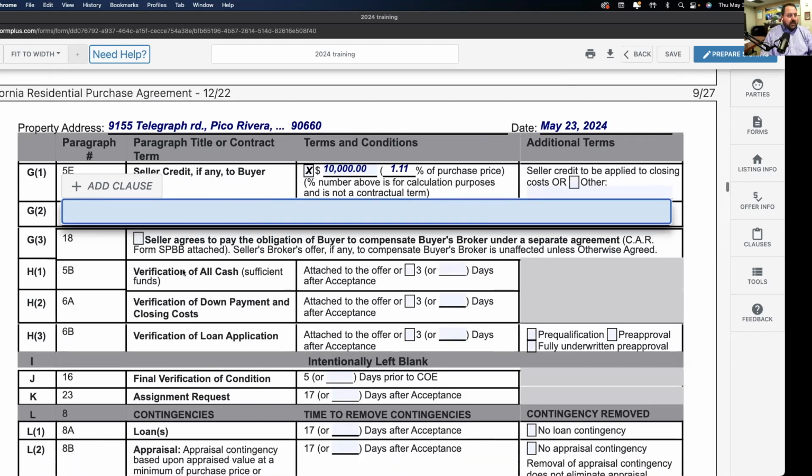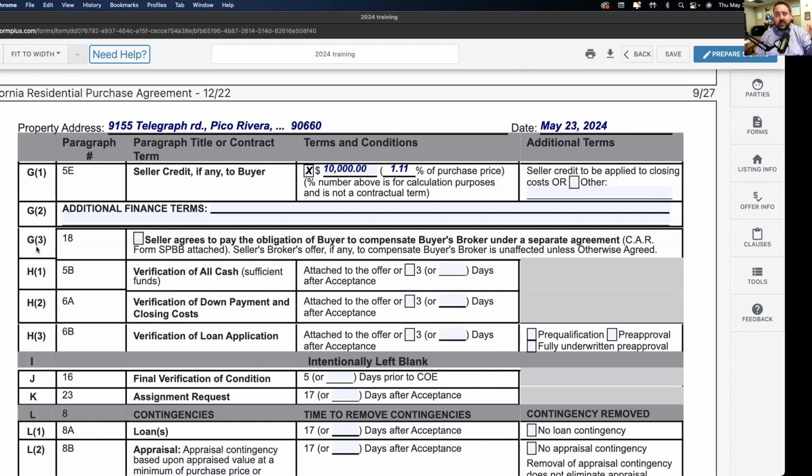Okay, next up, the next one that's most confusing for everybody. And again, I know we're writing an offer a couple months, right? Because in August, things are probably going to change with the purchase agreement. That's okay. We'll go back over it in August. But for now, you guys are writing offers just like this.